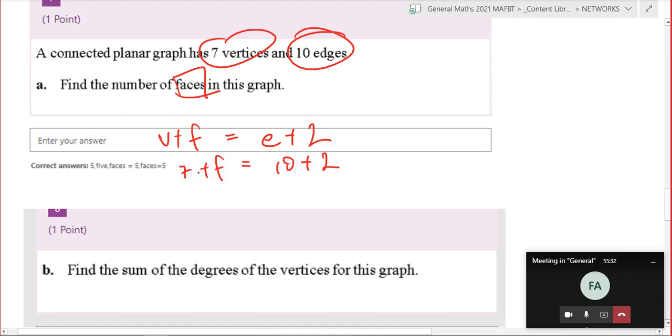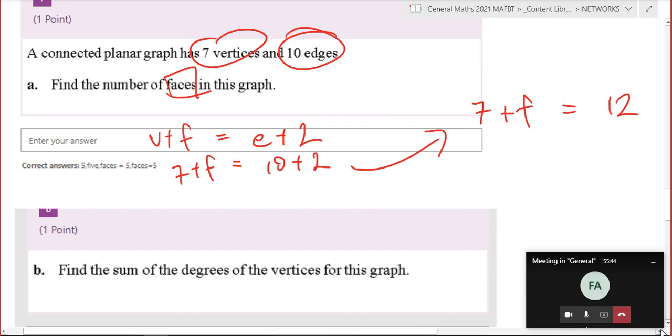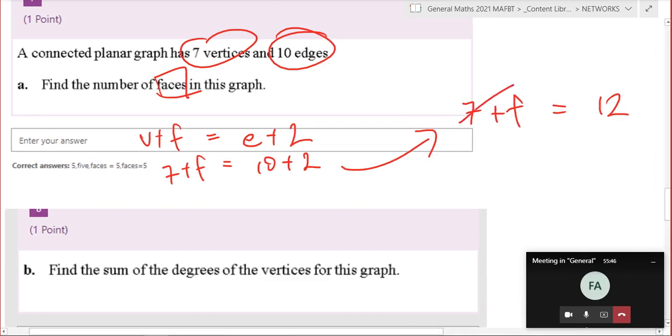In this case, you're going to isolate F. So working out the formula, 7 plus F equals 12. Isolate that F, so that means you get rid of that 7. It's a plus 7, so here it becomes minus 7. So 12 minus 7 is 5. The answer is 5 faces.